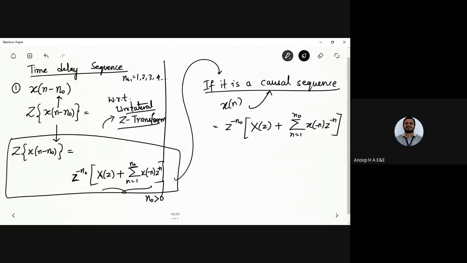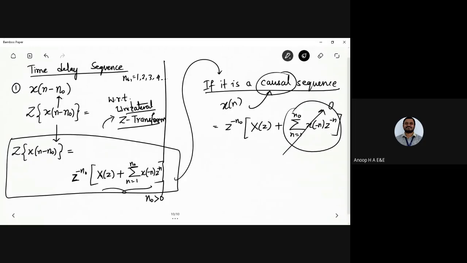The only term to be equated to 0 is the summation. I'll equate this entire term to 0, because once it is a causal sequence, you will have only the term at the right hand side.